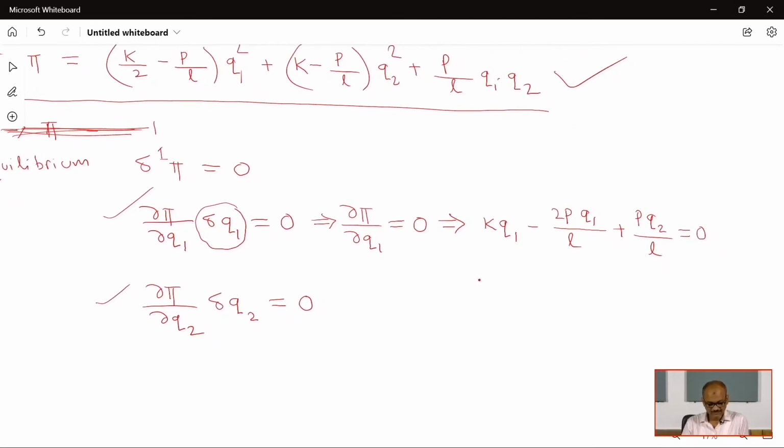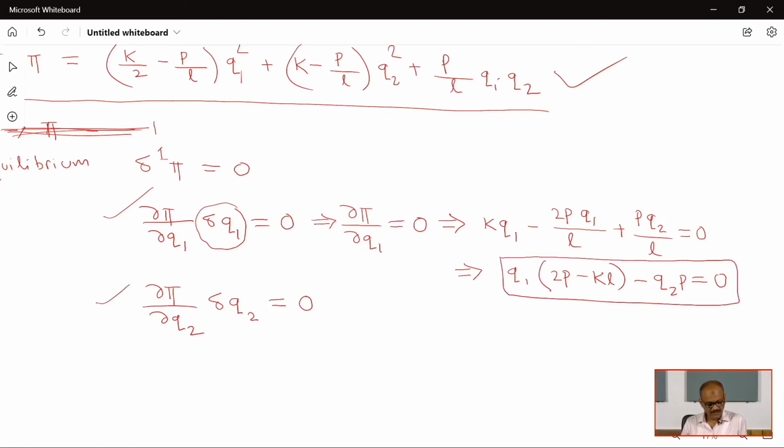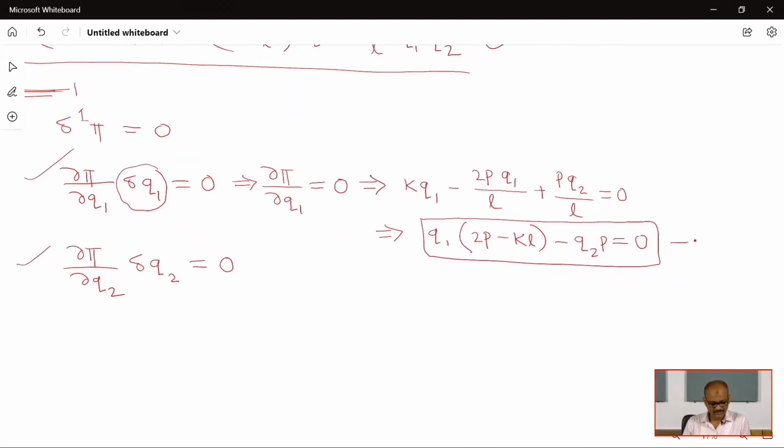If we simplify this, Q1 into 2P minus KL, minus Q2 into P, equal to 0. Let this be equation 1.